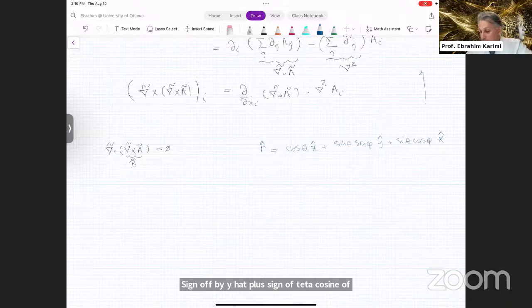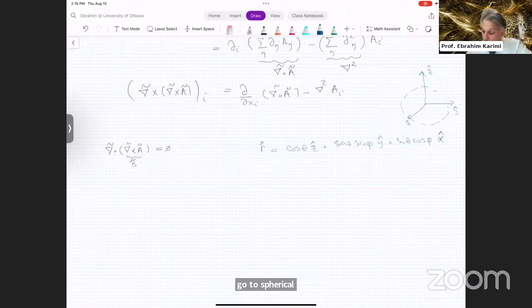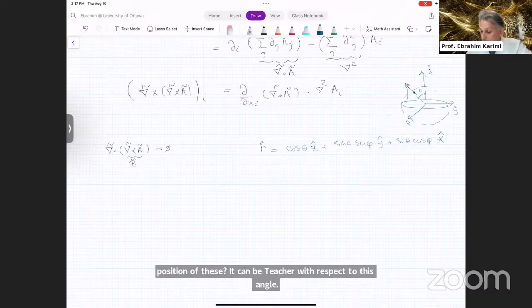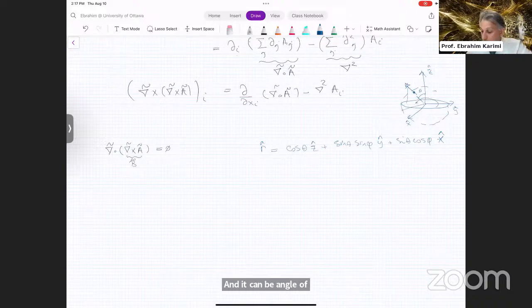So assuming your x hat, y hat, and z hat, if you go to spherical coordinates, then your r hat can be anywhere. And what is the position of this r hat? It can be theta with respect to this angle, and it can be an angle of phi with respect to the x-axis. And that's r hat. The magnitude of r hat is fixed, it is 1.